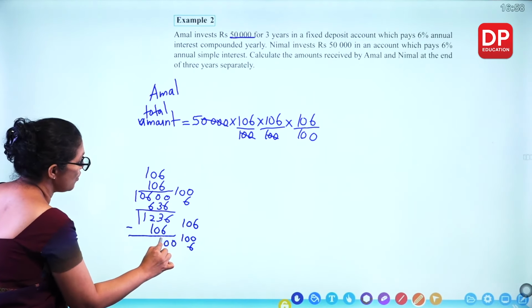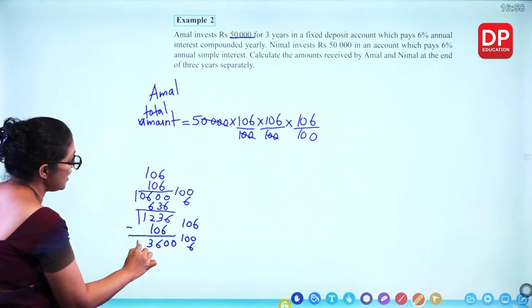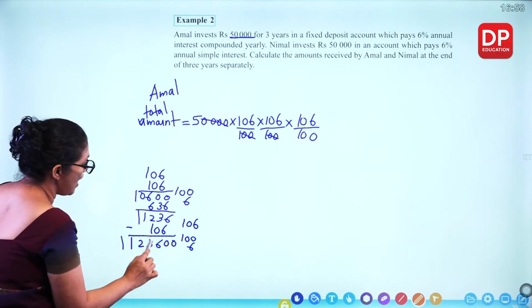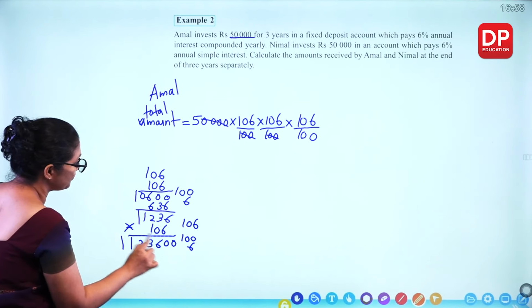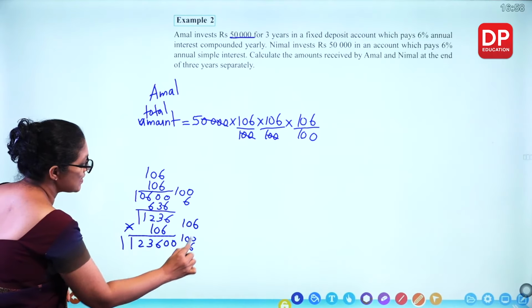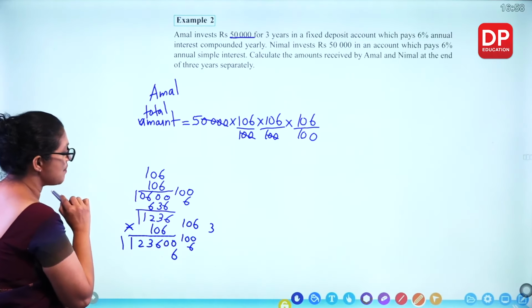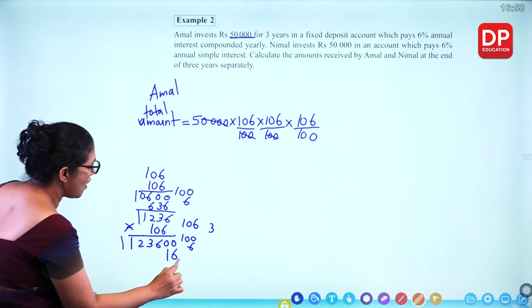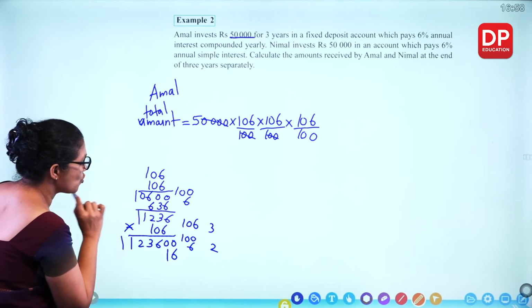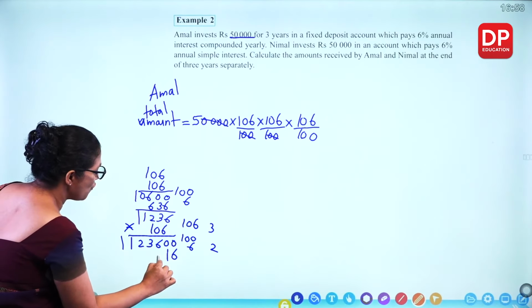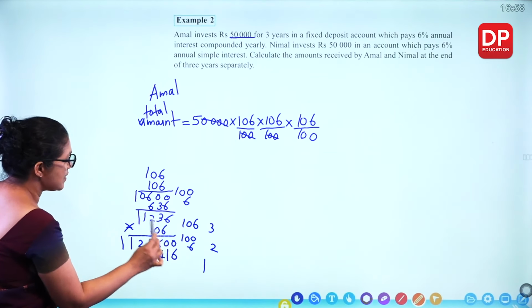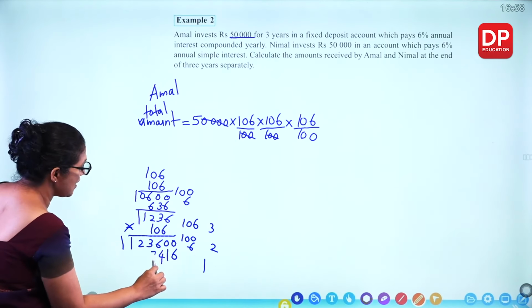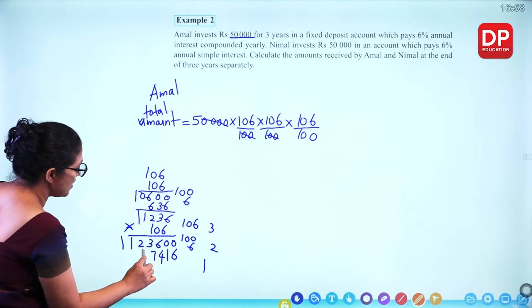106, 0, 0, 1 times 6, 3, 2, 1, 1, and then 6 times 6, 36, 3 remaining, 6 times 3, 18 plus 3, 21, 2 remaining, 6 times 2, 12, 12 plus 2, 14, 1 remaining, 6 times 1, 6 plus 1, 7, 6 times 1, 6.